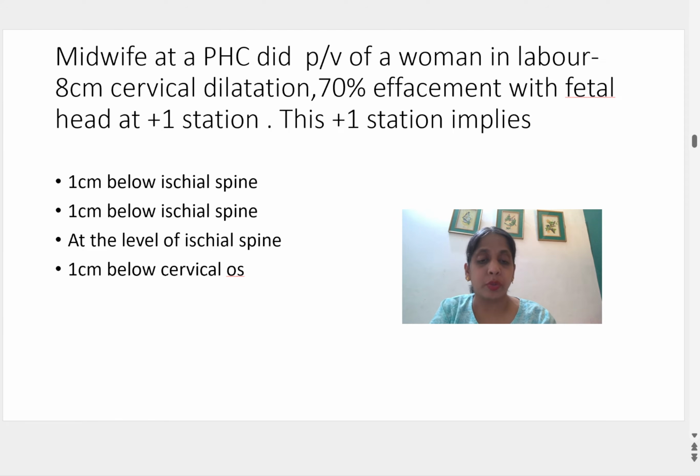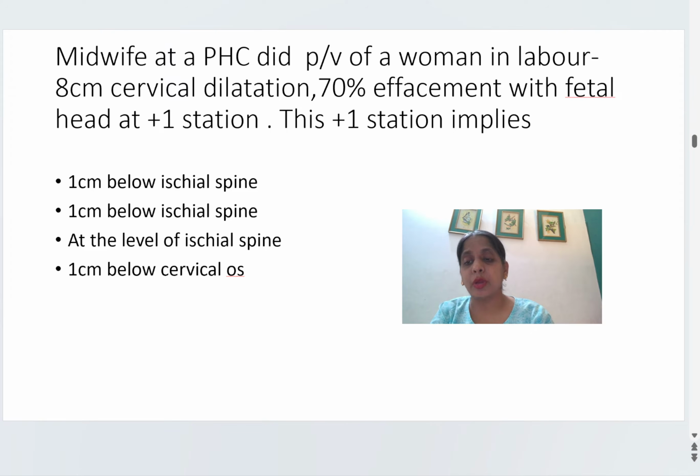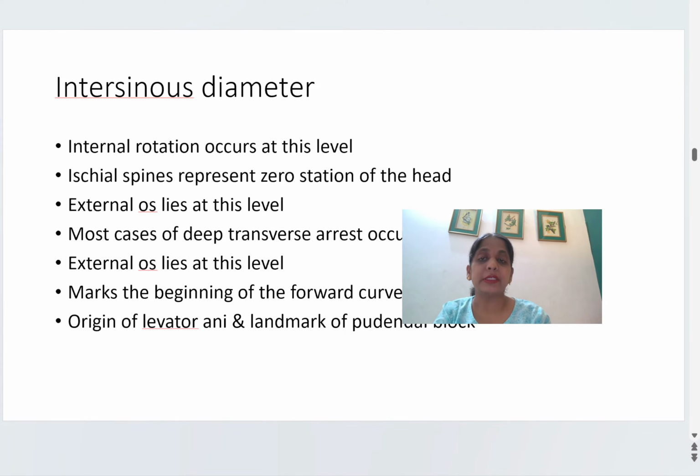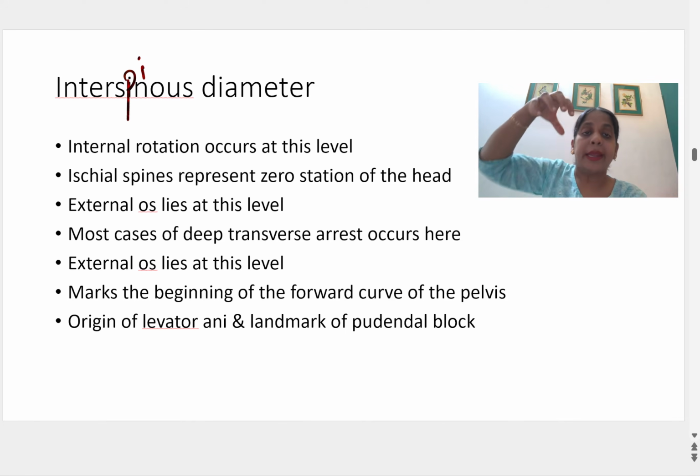As I already told you, this plane of least pelvic dimension, the interspinous diameter, is very important. So let's see the relevance of the interspinous diameter. The answer is that internal rotation occurs at this level. You all know that a step of labor is internal rotation.